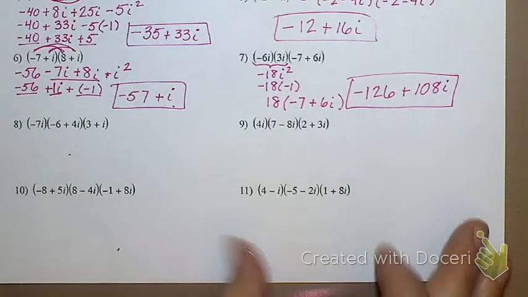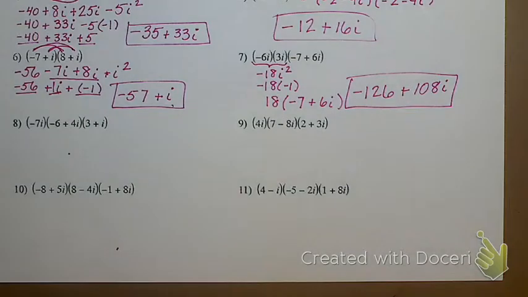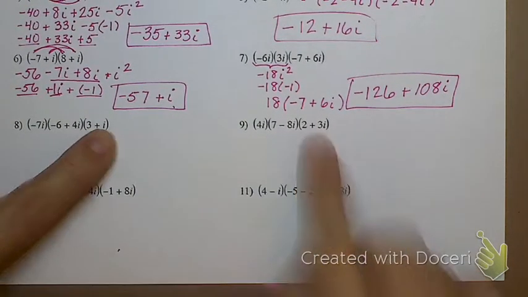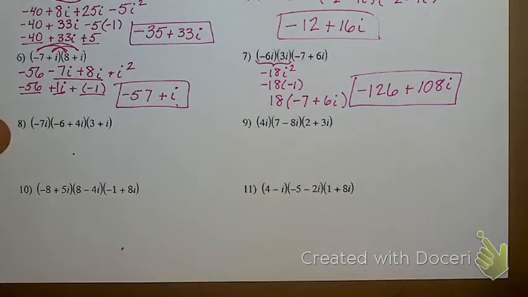Do you notice 8 and 9 are the same type of problem? It's one term and then two terms and then two terms. So I'm going to show you how to do number 8, and then I want you to try number 9. Now, you could do this a couple different ways.